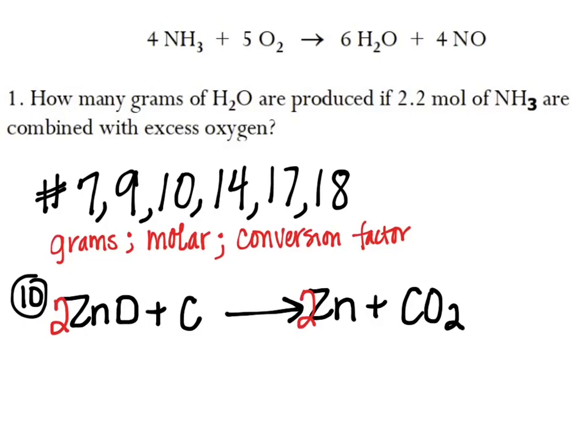And then our question says, a student is told to use 5 moles of zinc oxide, and we want to know how many grams of zinc they can get. So what's our very first step?